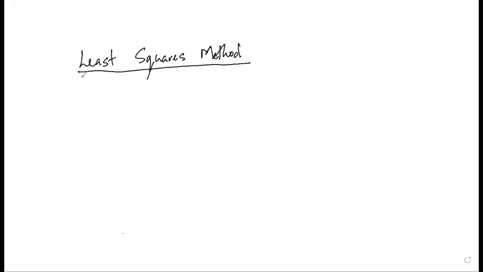All right, afternoon. Tonight we're going to be talking about the least square method, or method to determine the relationship between two or more variables.